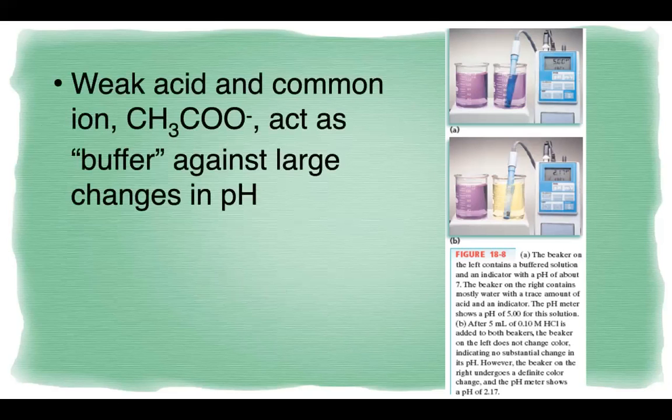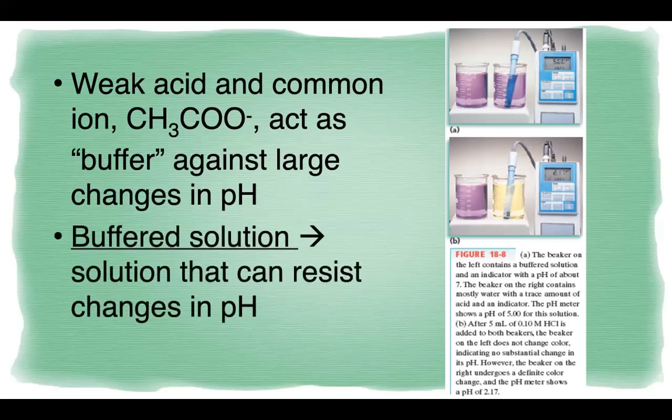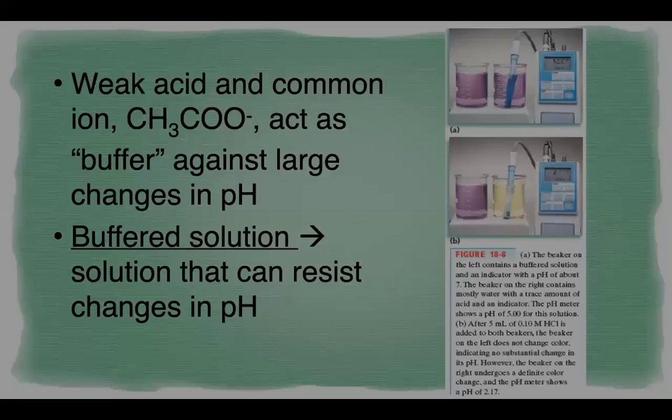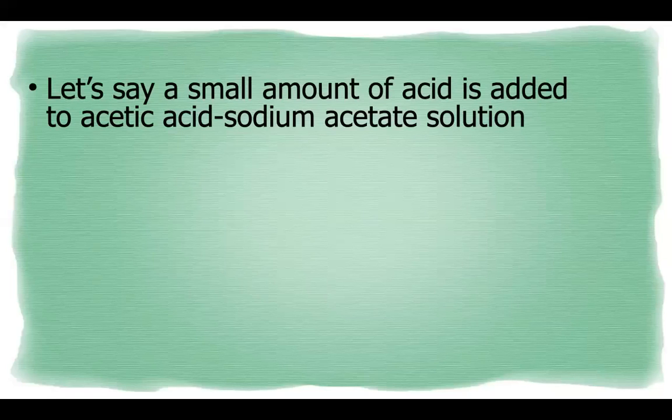This is called a buffer. The weak acid and the common ion, which is acetate, act as a buffer against large changes in pH. So a buffered solution is a solution that can resist changes in pH. And I'm going to explain how it resists changes in pH.